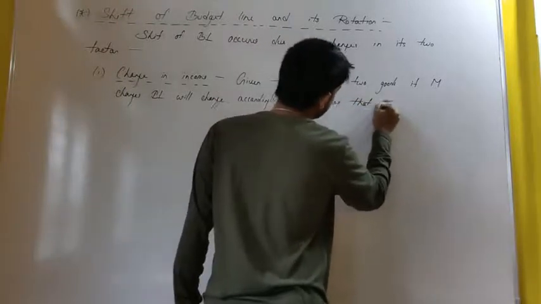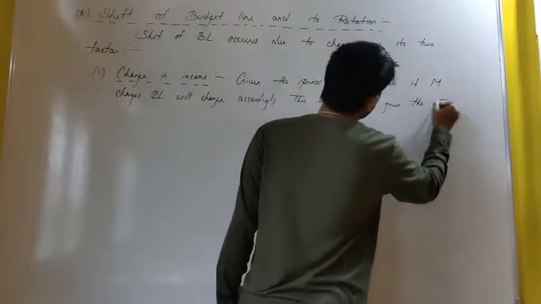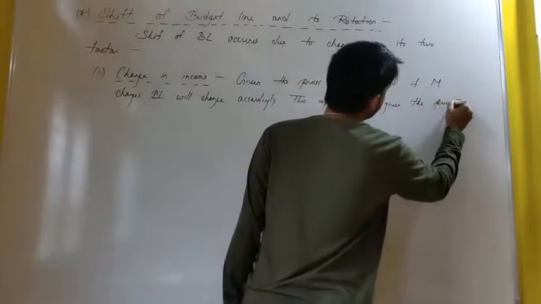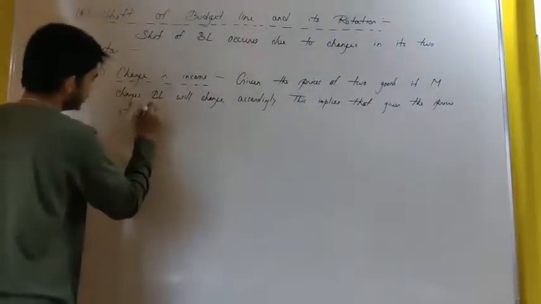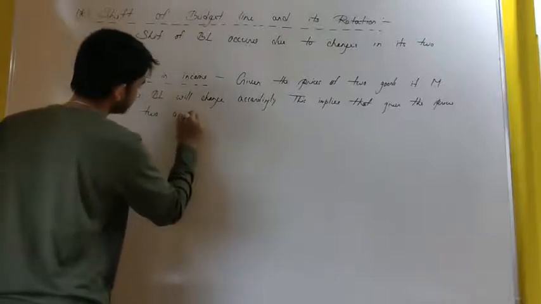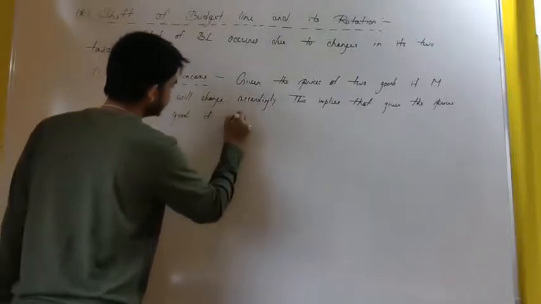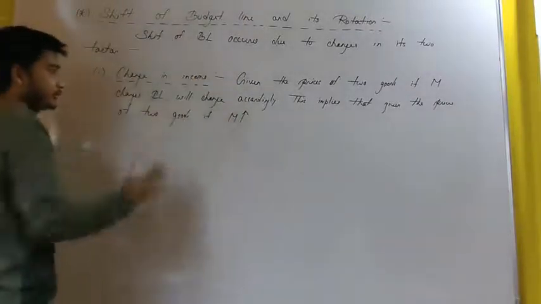This implies that given the prices of two goods, if money income increases, I'm just writing it with an upward arrow.